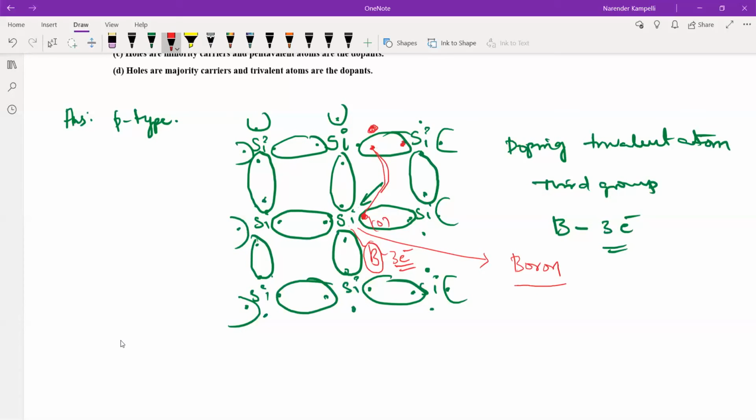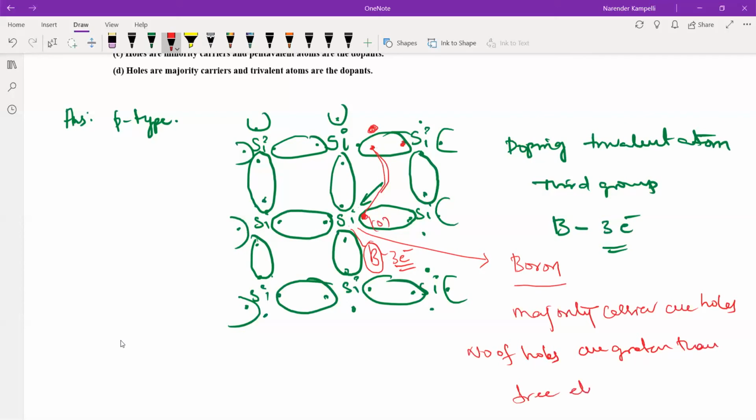So what happens here? In a p-type semiconductor, the majority carriers are holes, because when you observe it, the number of holes is greater than the number of free electrons.